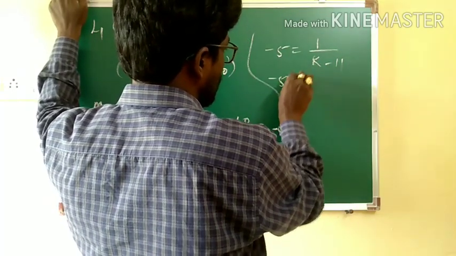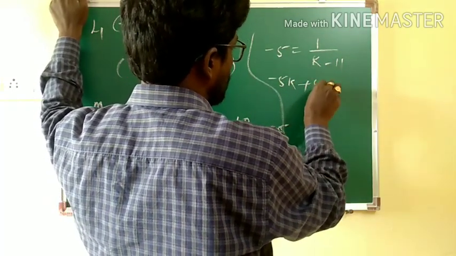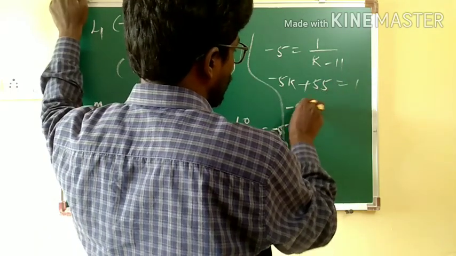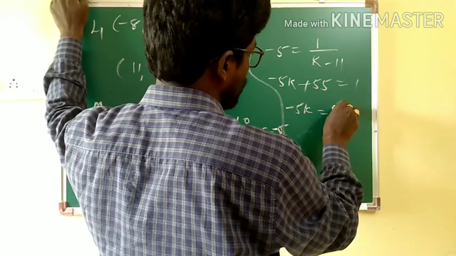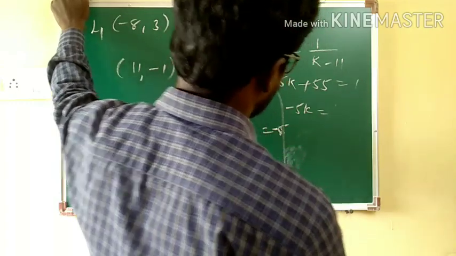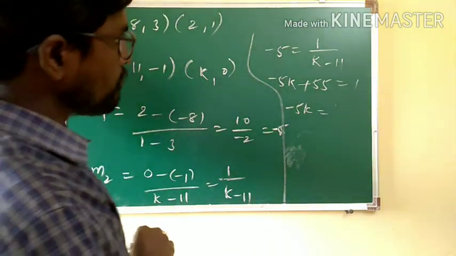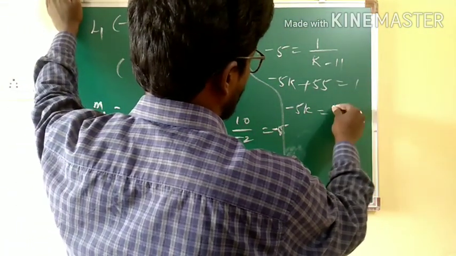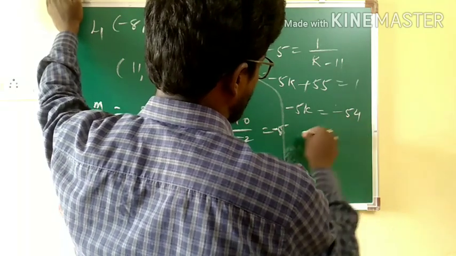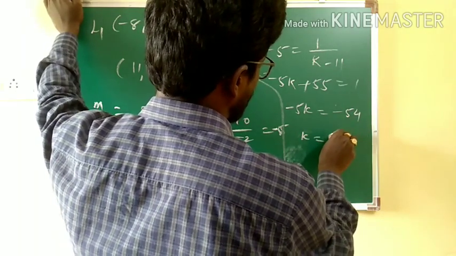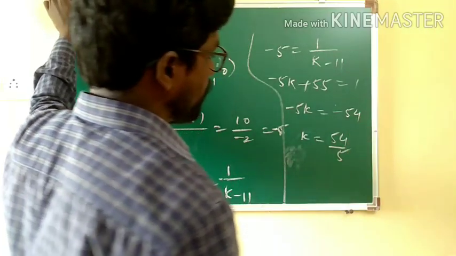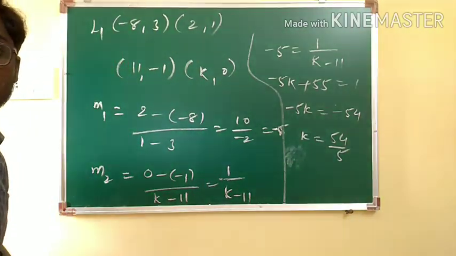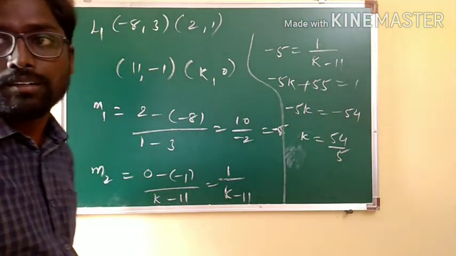Cross multiplying, minus 5k plus 55 equal to 1. Minus 5k is equal to 1 minus 55, so you'll get minus 54. Therefore, k is equal to 54 by 5.